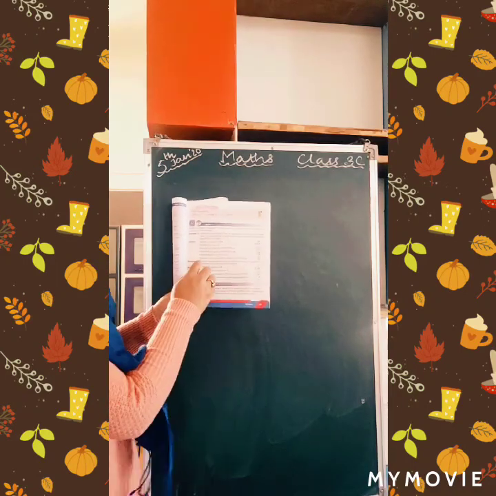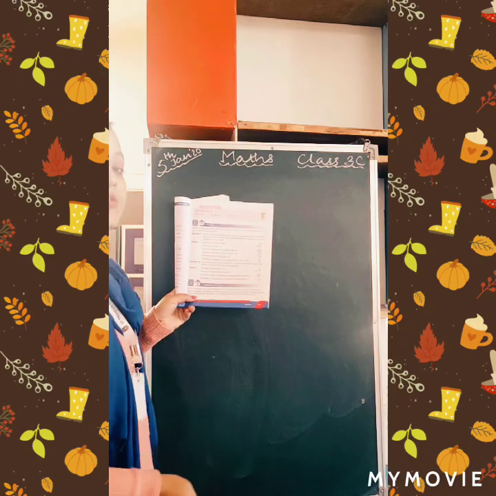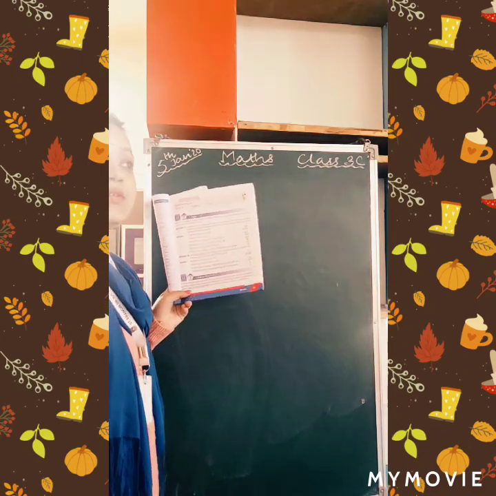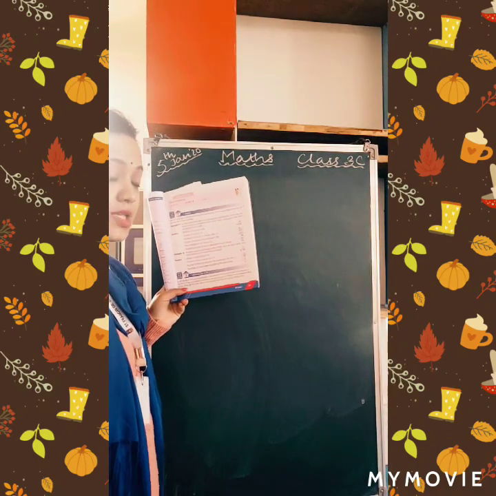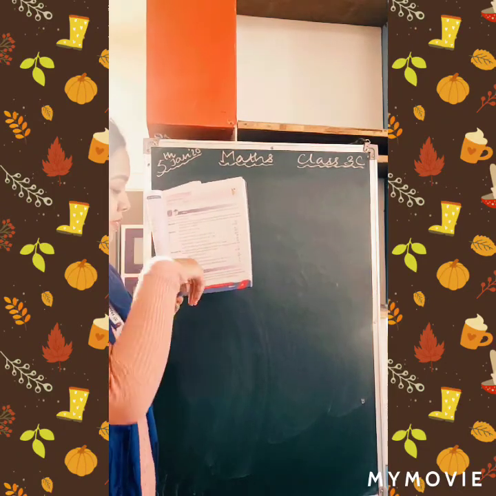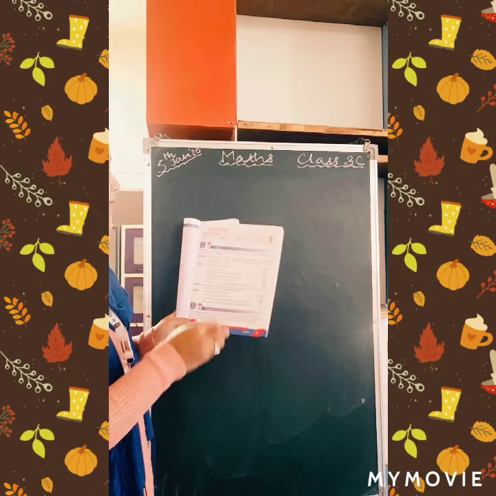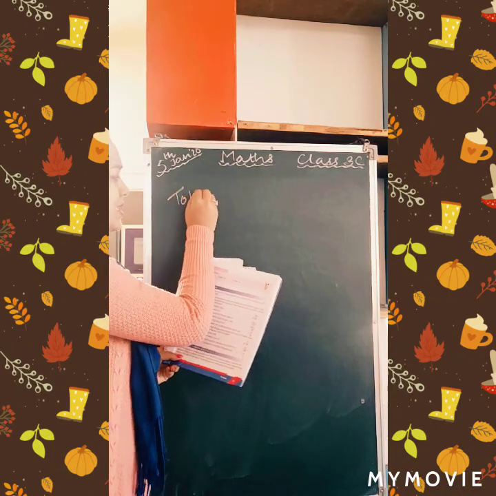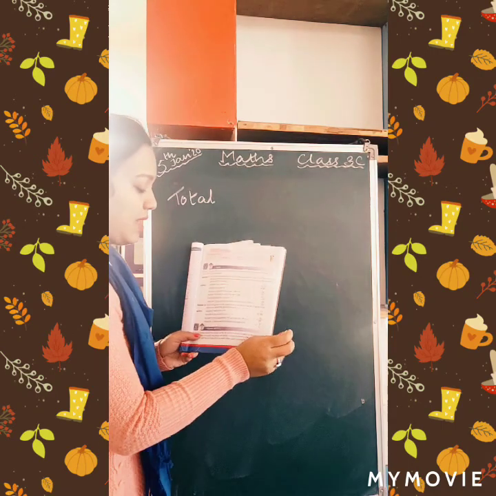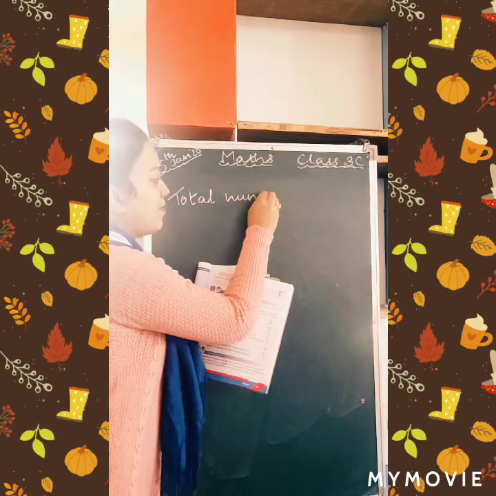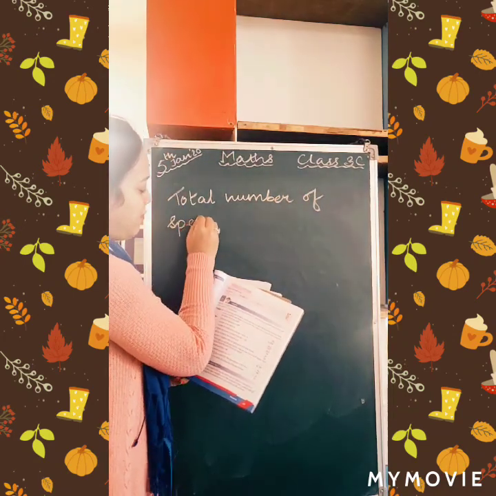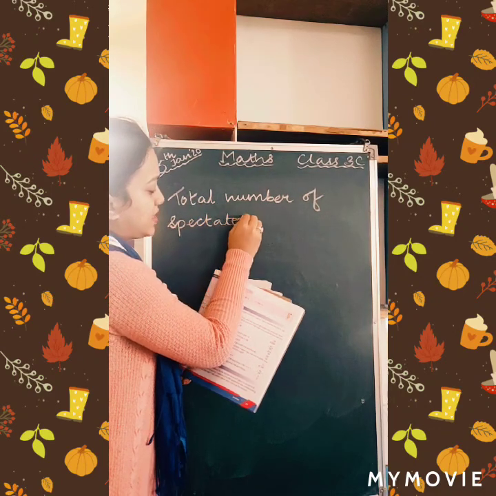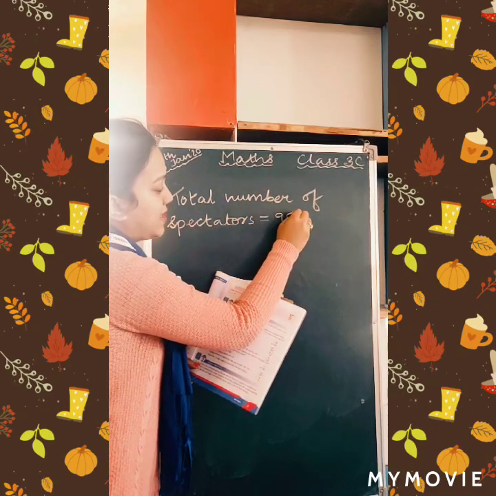Now we will see one more example that has been given in your example number 12. A football game had 99 spectators. That means there was a football match where there were 99 people to watch it. Spectators means the people who watch it. We'll simultaneously write whatever information we have. Total number of spectators is equal to 99.